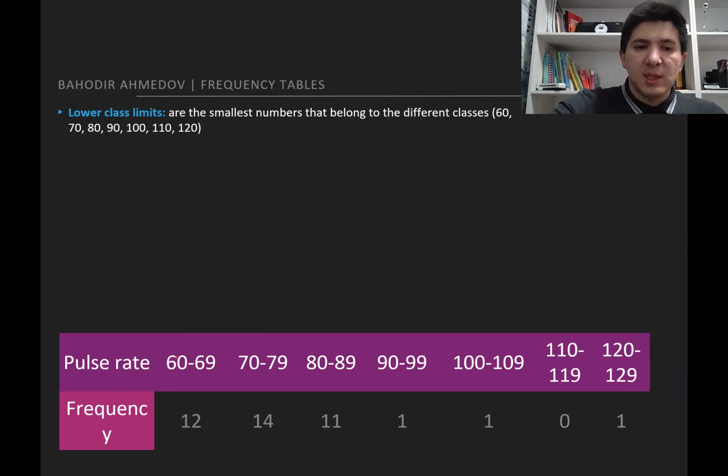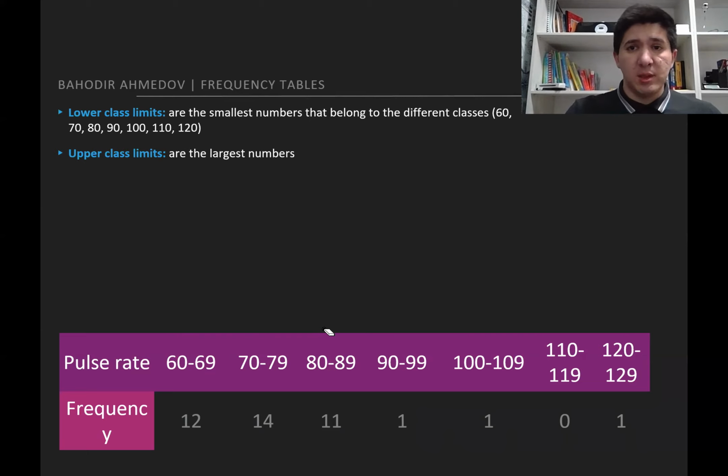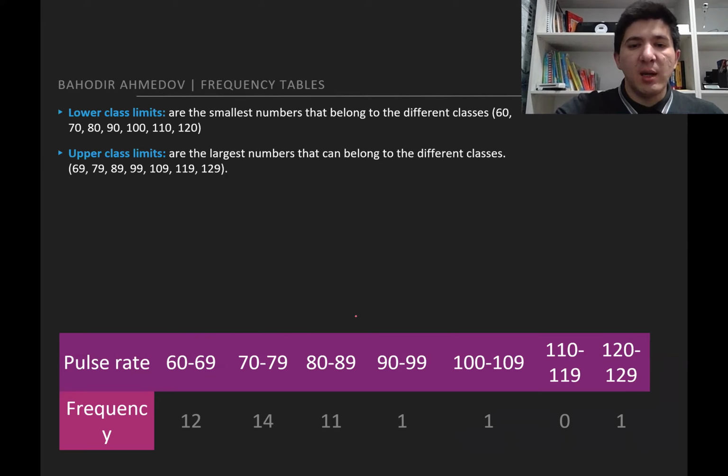It's 60 for the first class, 70 for the second class, 80 for the third class, 90 for the fourth class, and so on. The upper class limits, analogously, are the maximum numbers which can be included in that particular class. For the first class it's going to be 69, for the second one 79, for the third one 89, for the fourth one 99, and so on.